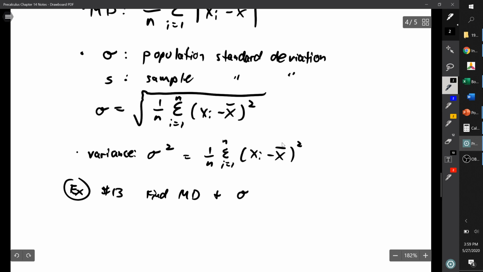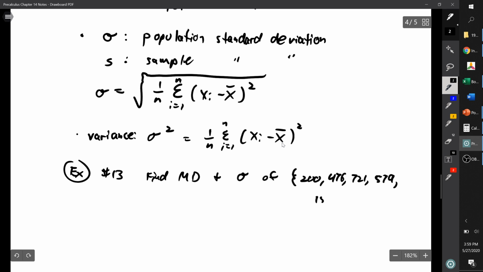Of what data set are we dealing with here? We are dealing with 200, 476, 721, 579, 152, and 158.